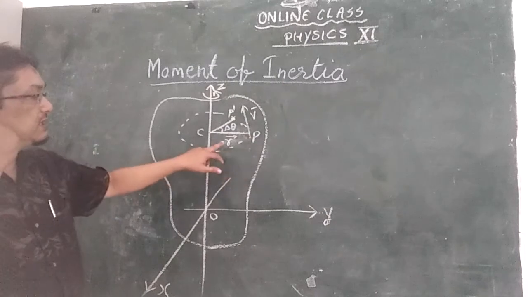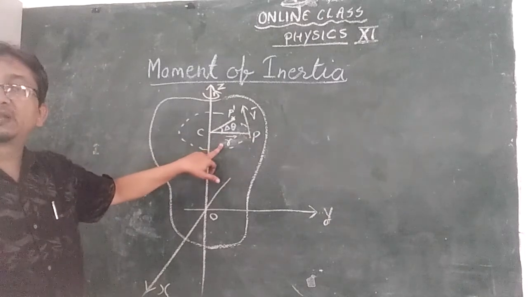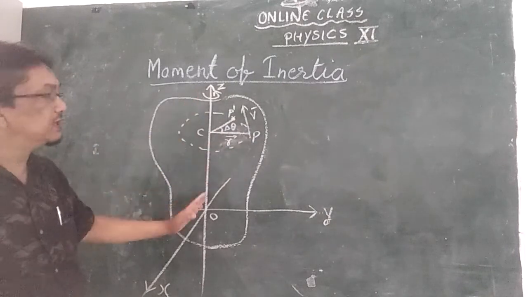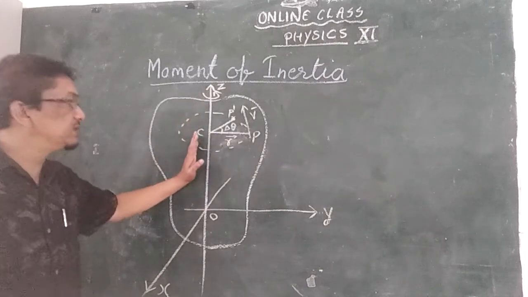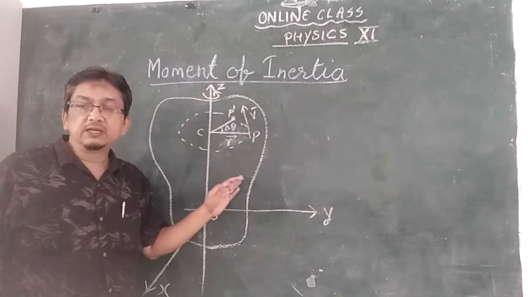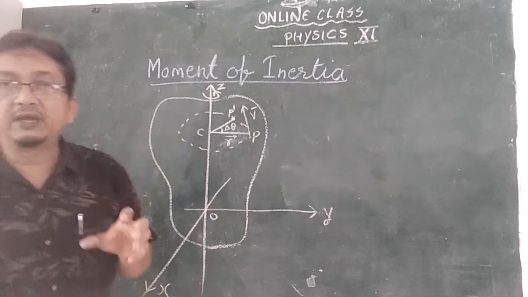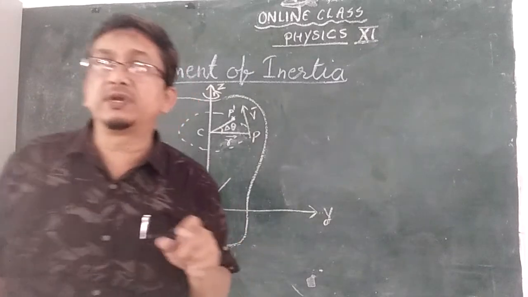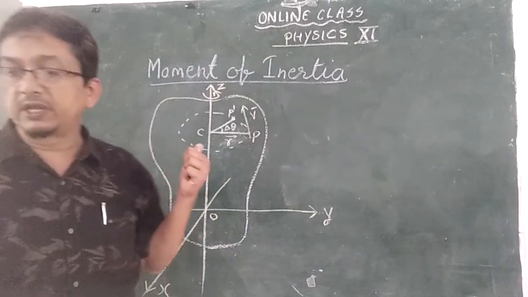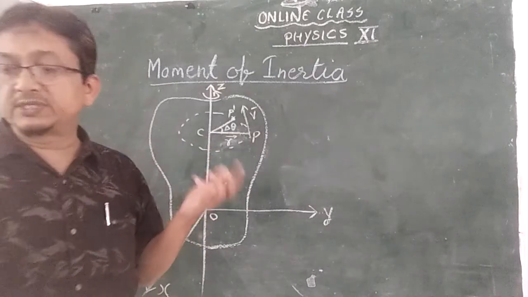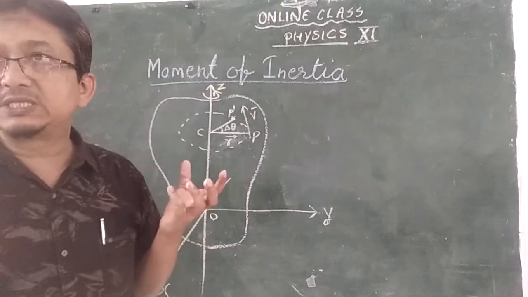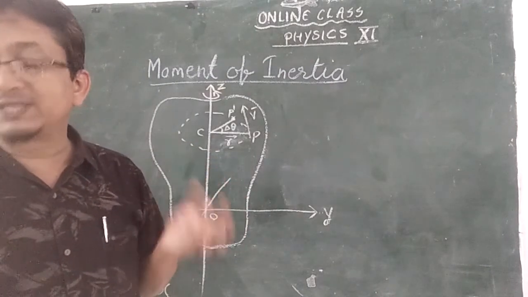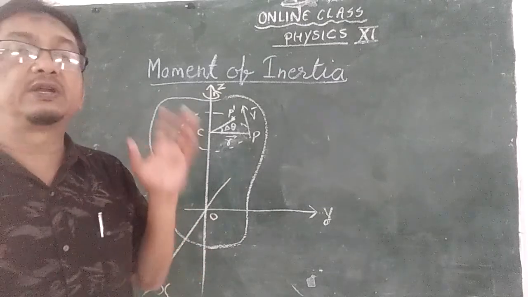And this is the vector r, which is the distance from the axis point C to P. So very easily we can define the moment of inertia for any rotational body: a quantity expressing a body's tendency to resist angular acceleration.